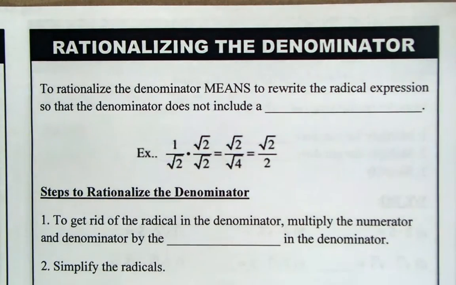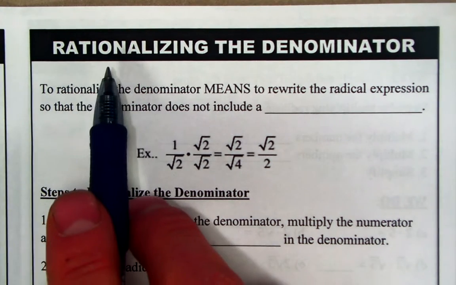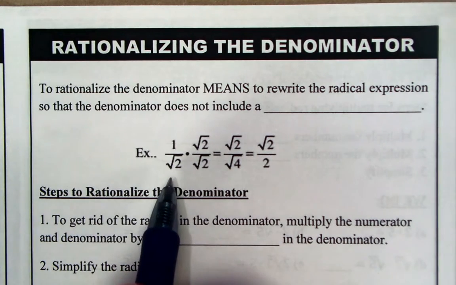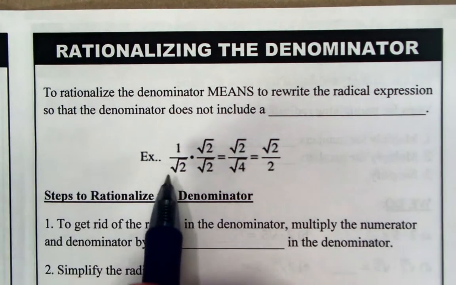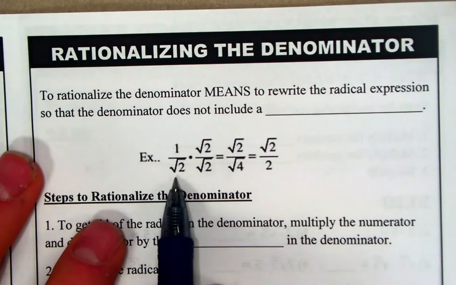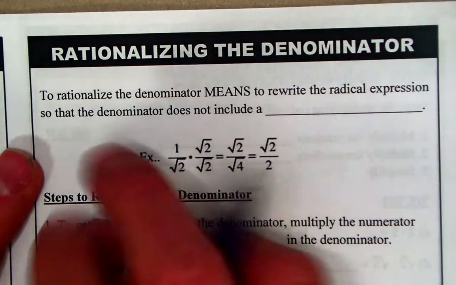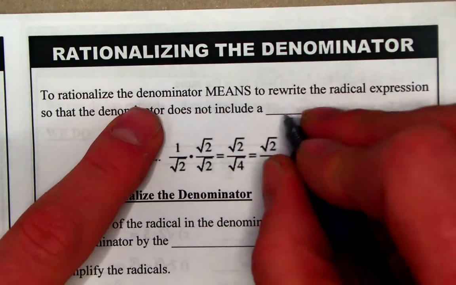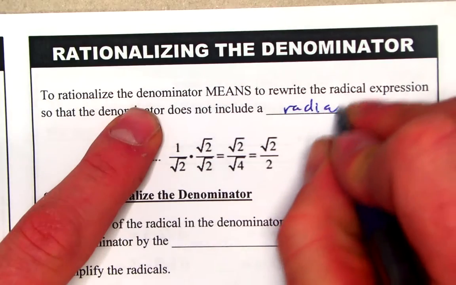All right, this next part is what's called rationalizing the denominator. Rational implies fraction. A radical is not rational. It cannot be written as a fraction. So the idea is to write the radical expression so that the denominator doesn't have a radical in it.